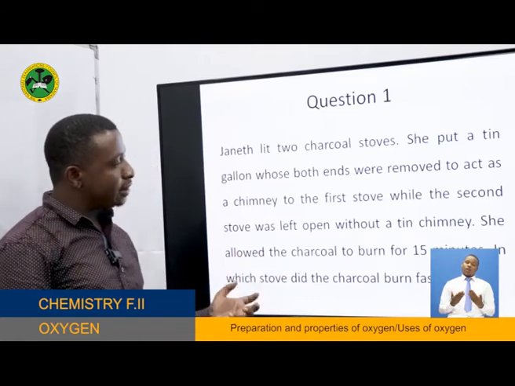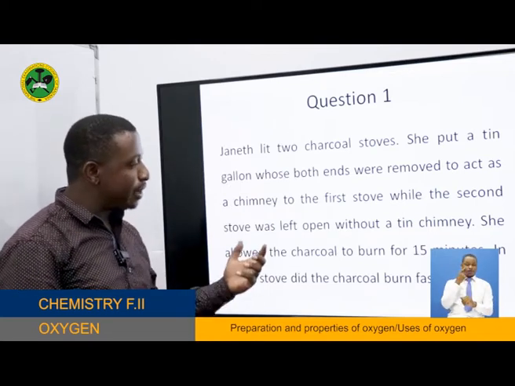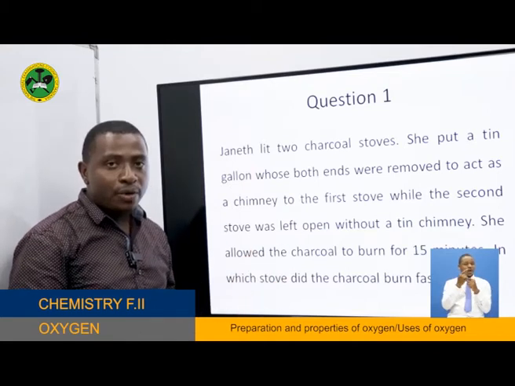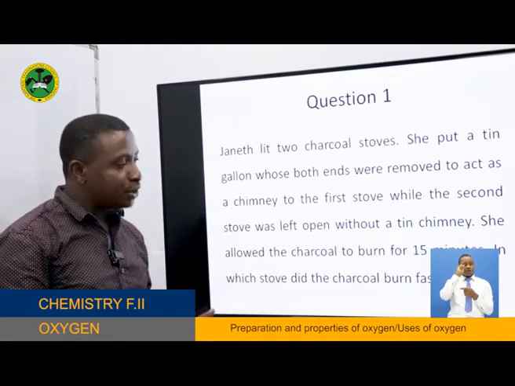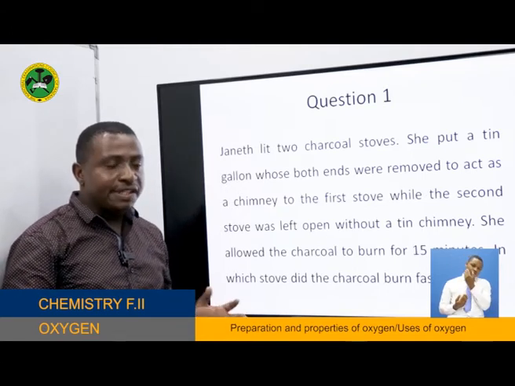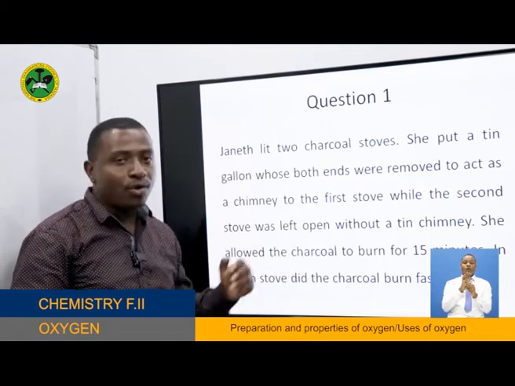Dear students, in a question like this, you should be very sensitive and see what is being asked. Here, one wants to show the use of a charcoal chimney in increasing the concentration of oxygen to the charcoal.